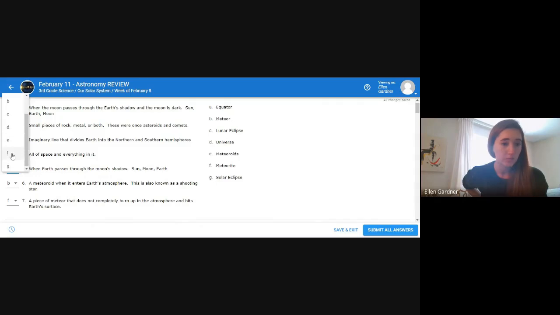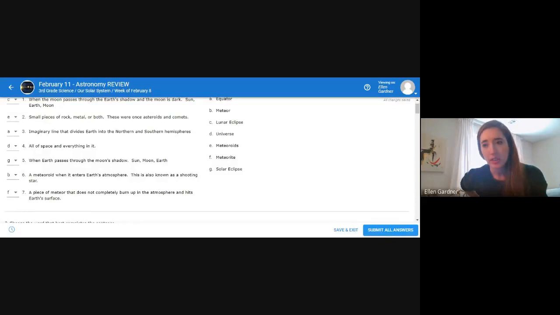So when Earth passes through moon's shadow, that is what's happening. However, this one is intending to be the solar eclipse. And so for a solar eclipse, it's when the sun is being blacked out in specific parts of the Earth as you're looking at it.